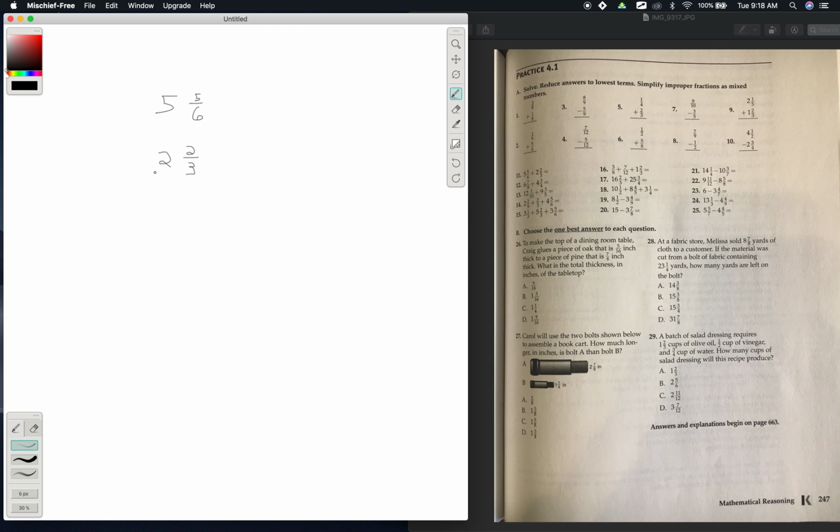Okay, so we are adding this. Always make sure you look at the symbol of what you're supposed to be doing as far as adding, subtracting, multiplication, etc.